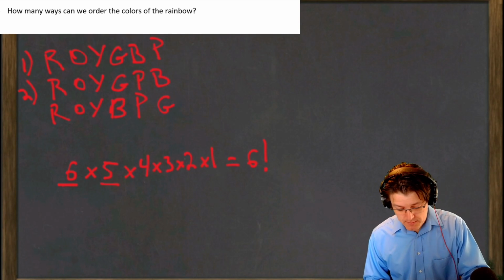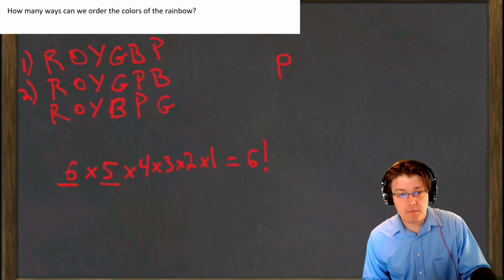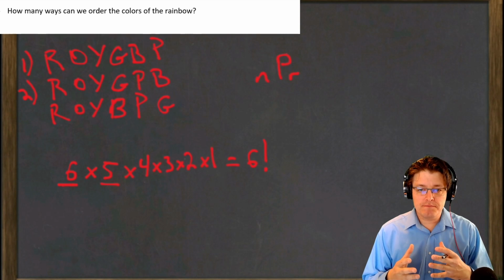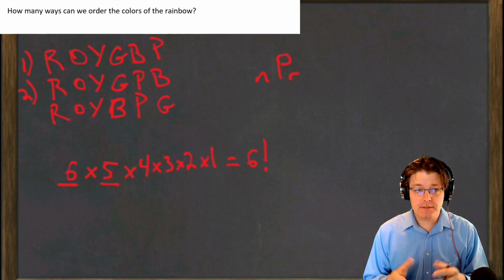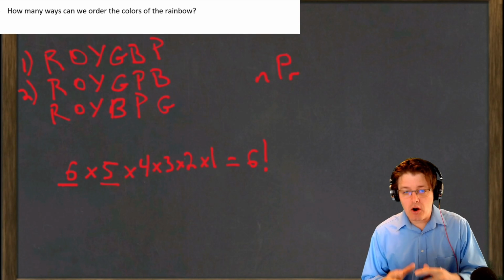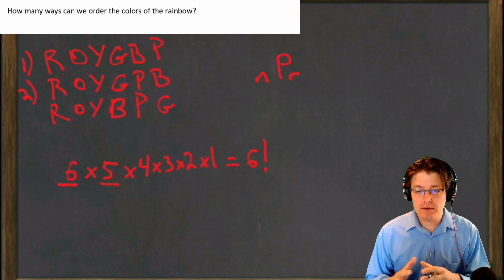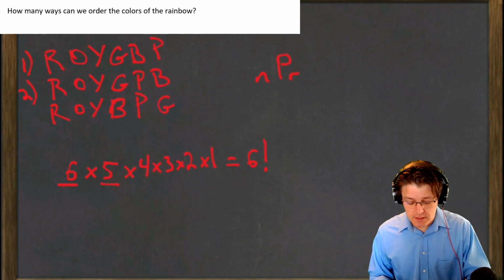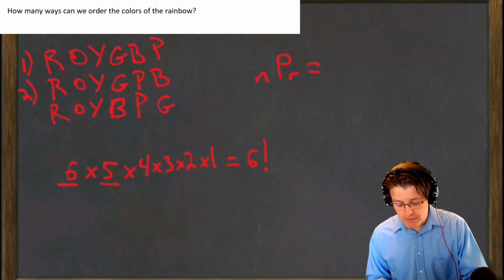The permutation formula is more general. We have n and r, where n is the number of objects. Here we have 6 colors, and r is the number we're choosing. In this case, we're also choosing 6, so we're not leaving any of the colors off. And so that becomes n factorial over n minus r factorial.